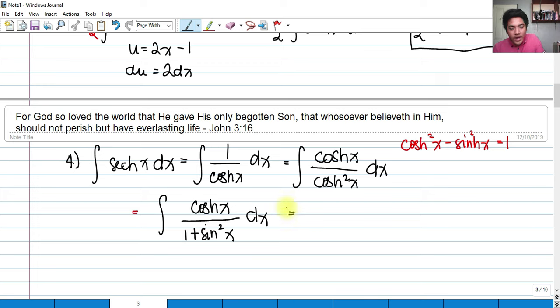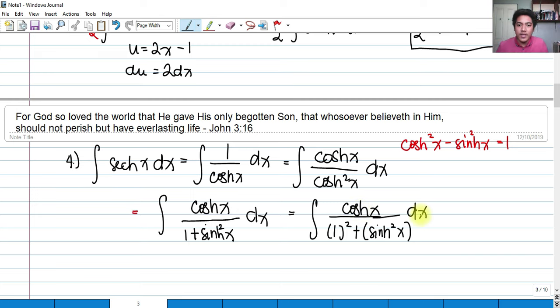And again, this is a little bit tricky, because if we write this integral in the form of 1 squared plus hyperbolic sine squared of x, we can see here we have a dx.